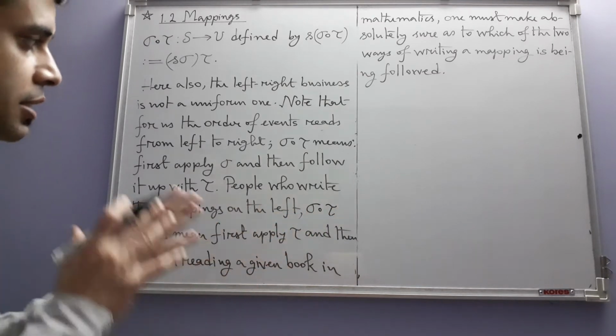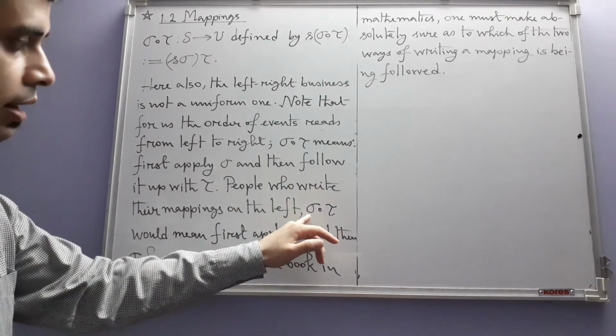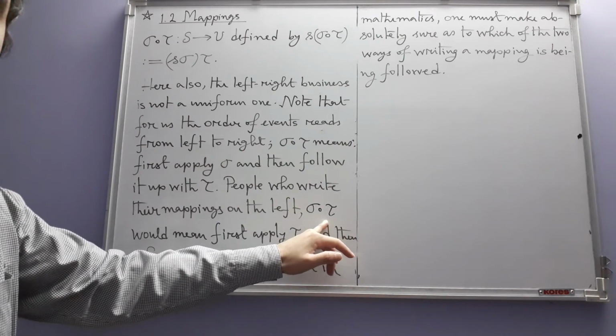Okay, so that must first of all be clear, and then only we can decide what sigma composition tau means.